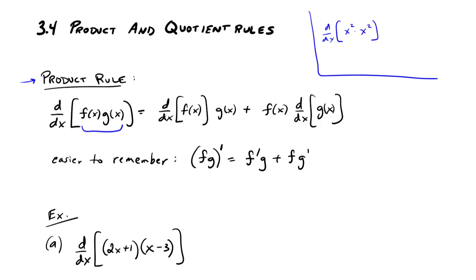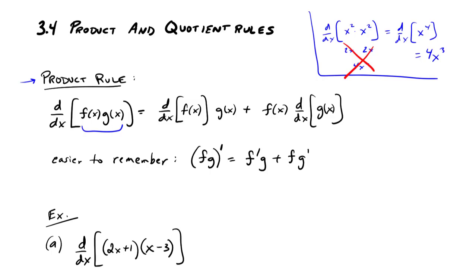Okay, if I did it individually, that would be 2x and 2x, so I'd get 4x squared. But we know that if we simplified what was inside, that's x to the fourth, and the answer is really 4x cubed. So this would not be right.